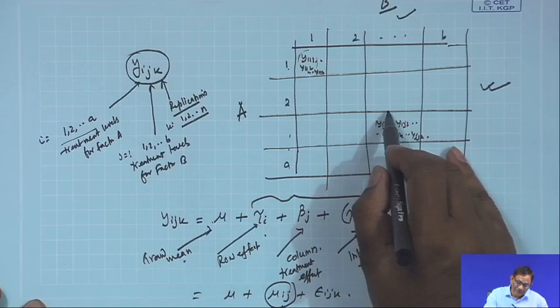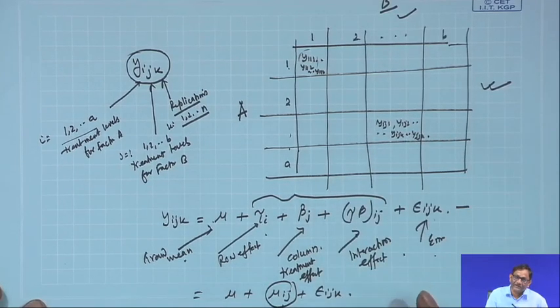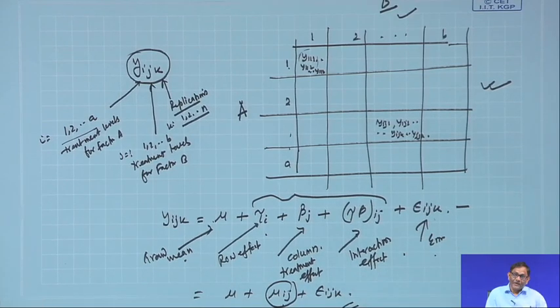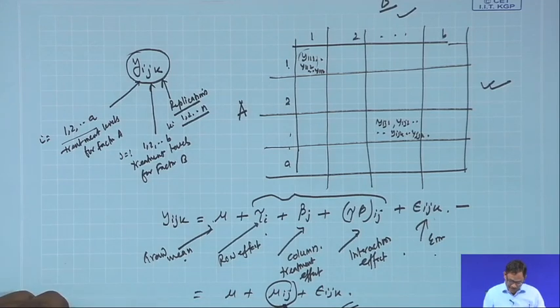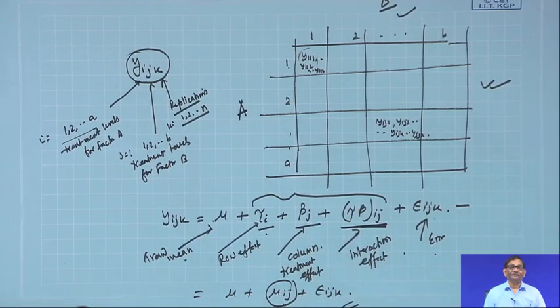So the general value yijk will be grand mean plus mean of this cell plus error, where mu ij equals tau i plus beta j plus tau beta ij.